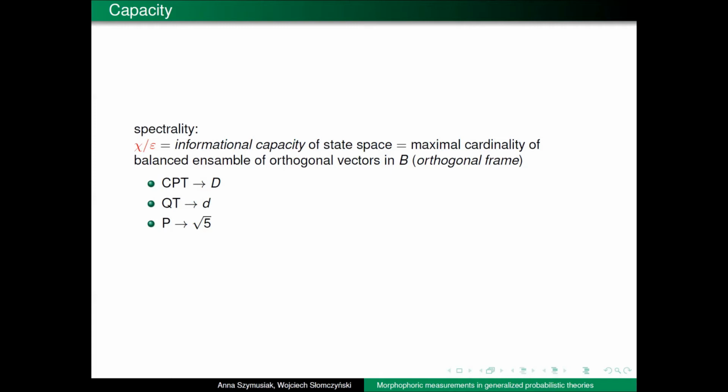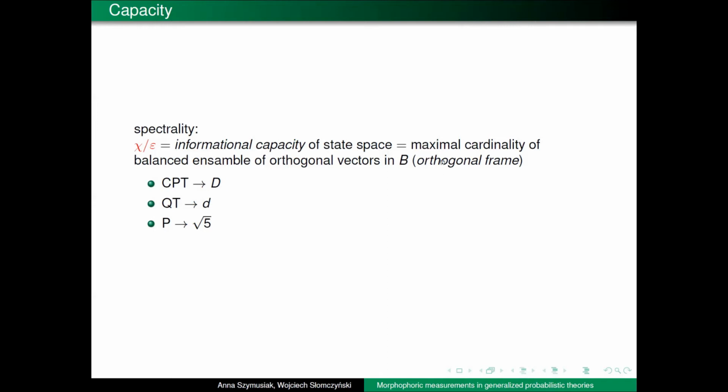Spectrality means that each state can be decomposed into a sum of orthogonal states, like in quantum mechanics or in classical mechanics. Under this assumption, this parameter is just the maximal cardinality of an ensemble of orthogonal vectors which is balanced, which means that the mean value of these orthogonal vectors is just the maximally mixed state.